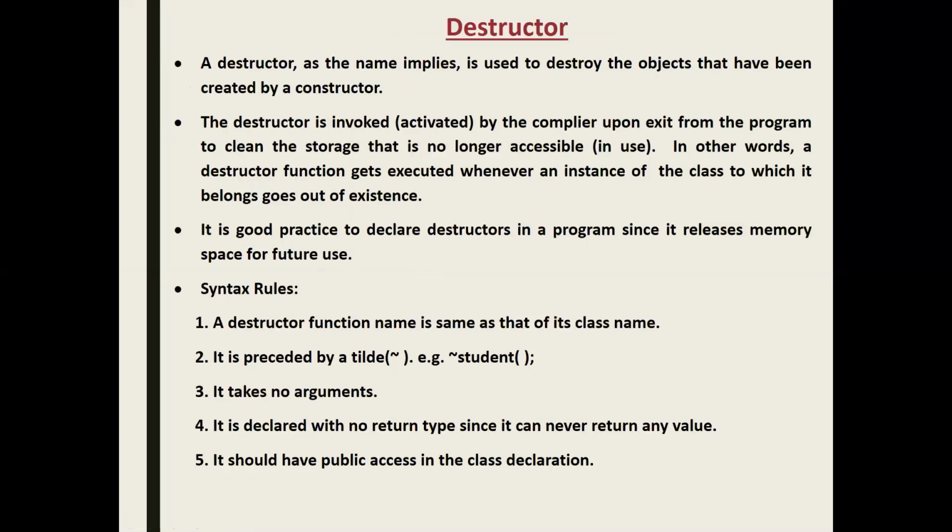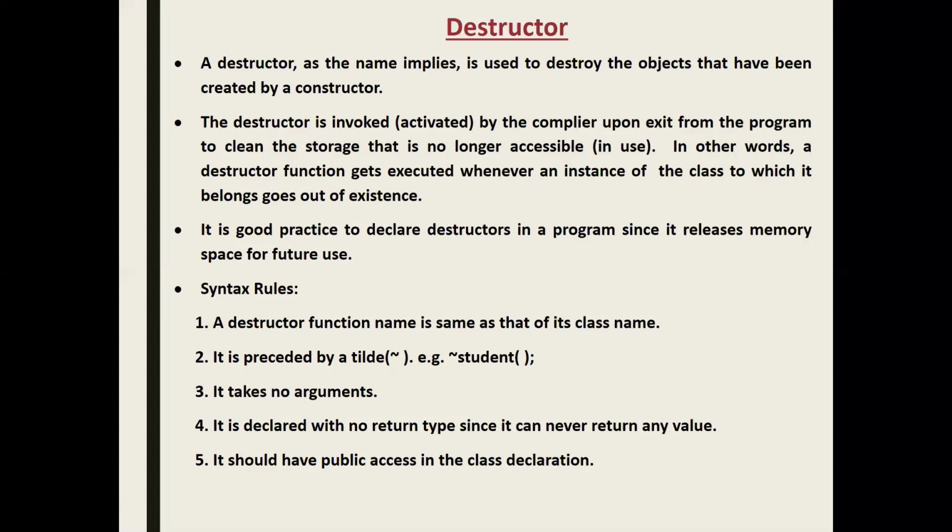And destructor is said to be again a member function with the prefix of a special symbol, that is the tilde symbol, right? The tilde symbol represents the destructor, and it can be called only once. And for the destructor there is no parameter, right?